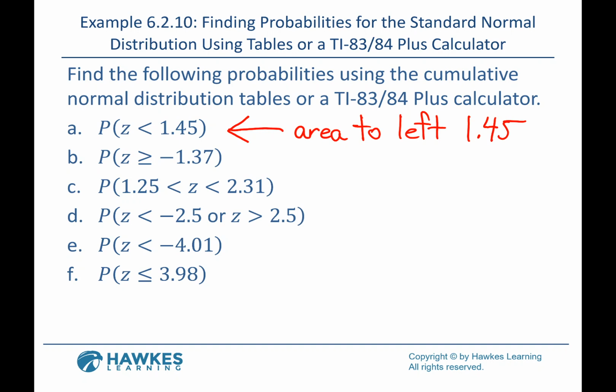Points to the left, you want the area to the left. On B, we want the probability z is greater than or equal to negative 1.37. Remember, we don't care about the equal to bar. All we care about is the greater than part, and if you turn that into an arrow, that points to the right. So for that one, we would want the area to the right of negative 1.37.